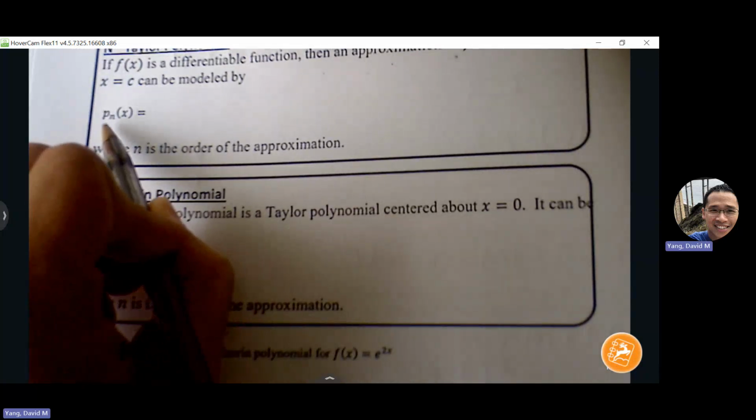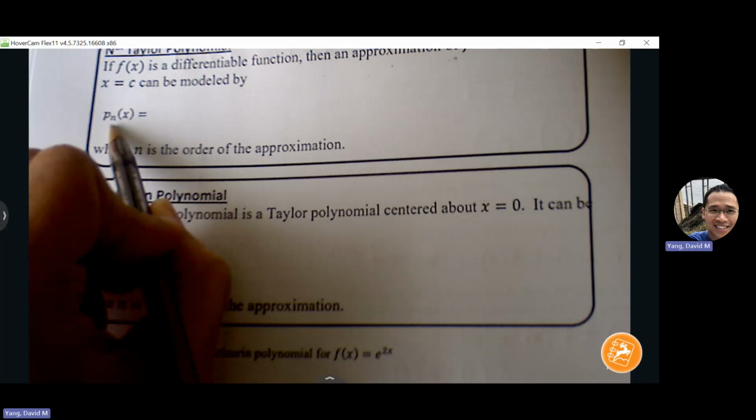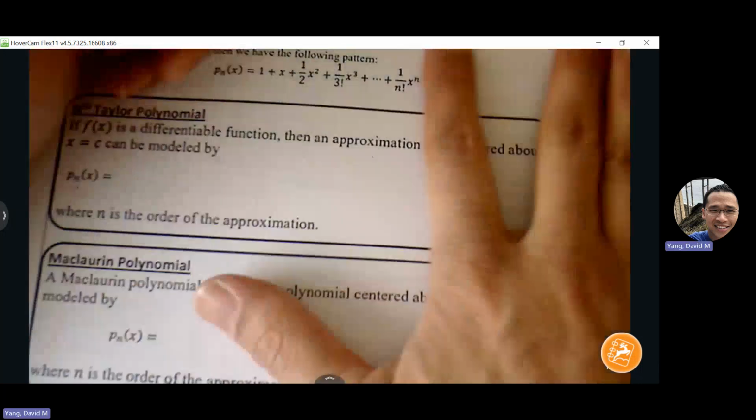And then the p is representing that this is a polynomial, and the n represents that it's a polynomial of the nth degree. If it's p sub 3 of x, that means it's only going to be matching up to the third derivative of that function. But here's how we can do it.